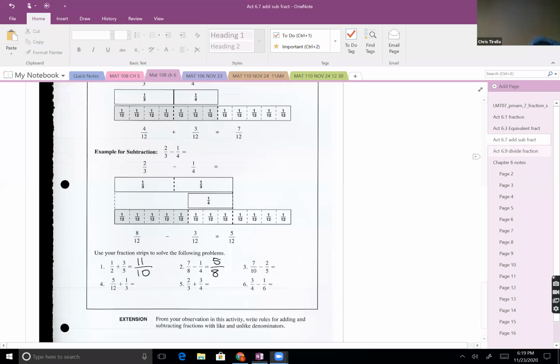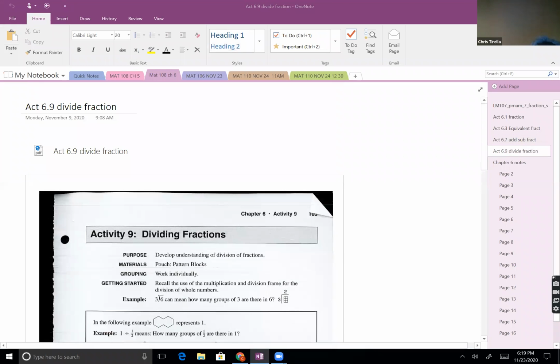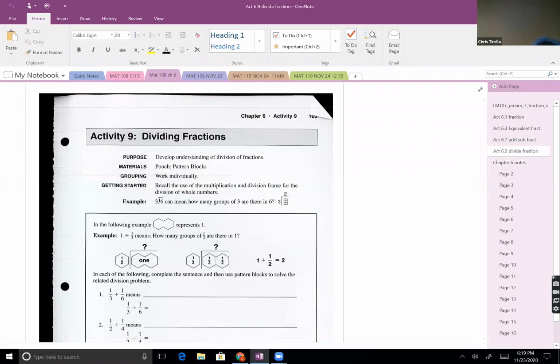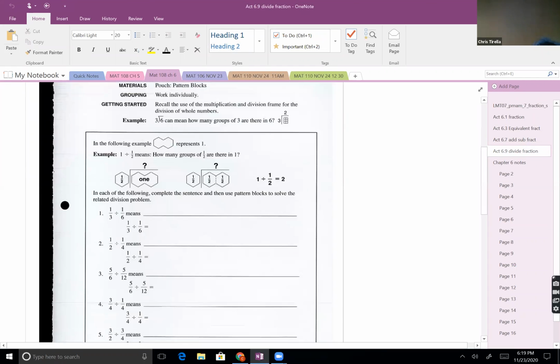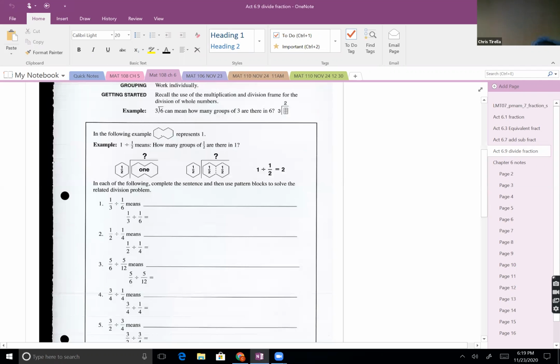So let's just take a real quick peruse then at that other activity, because it's sort of neat too. The other activity is on dividing fractions. And this one's sort of cool because they're saying, all right, I'm going to say that my 2 hexagons is a whole.